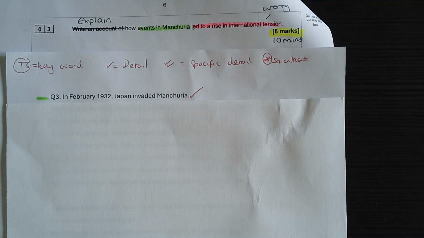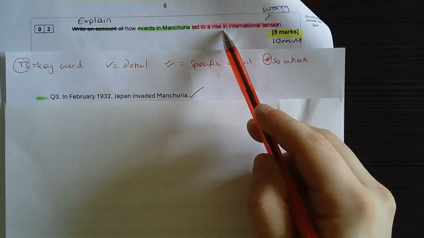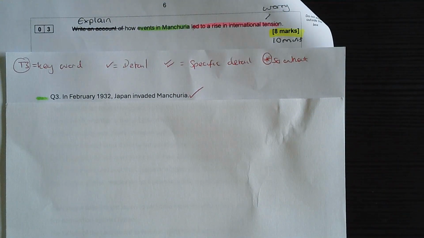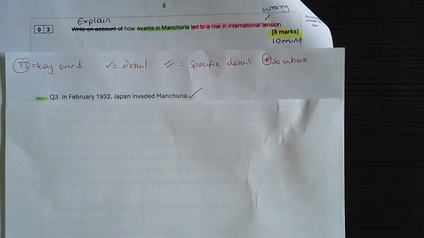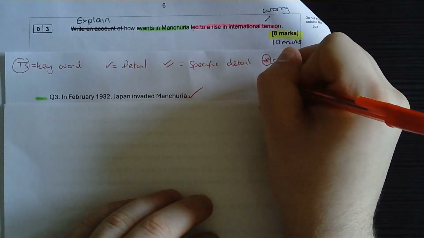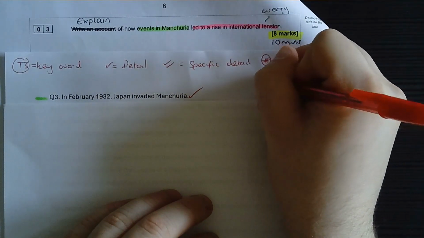Now, what you need to do is tell me about how it led to a rise in international tension. But to get top marks, as well as doing so what in your explanation, you need to use groups for complexity. So I'm going to put a G for a group.